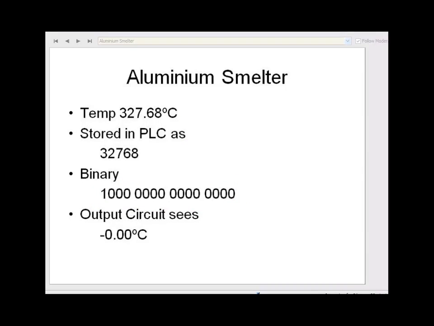Now, the temperature went up by 100th of a degree. The input circuit stored 32768 degrees C as 32768. It's storing it as scaled integer.